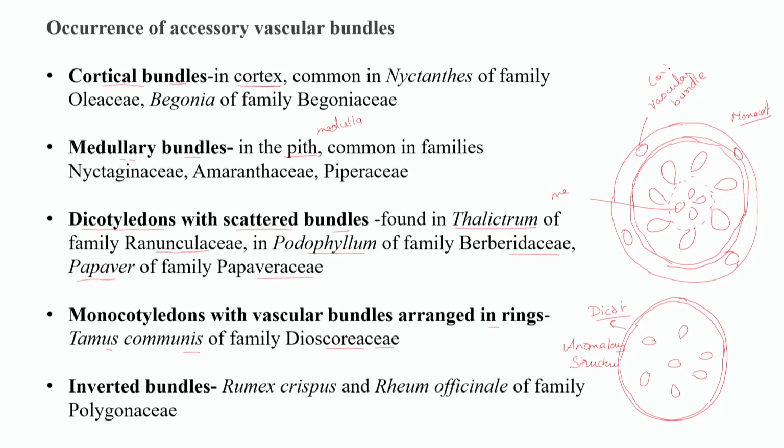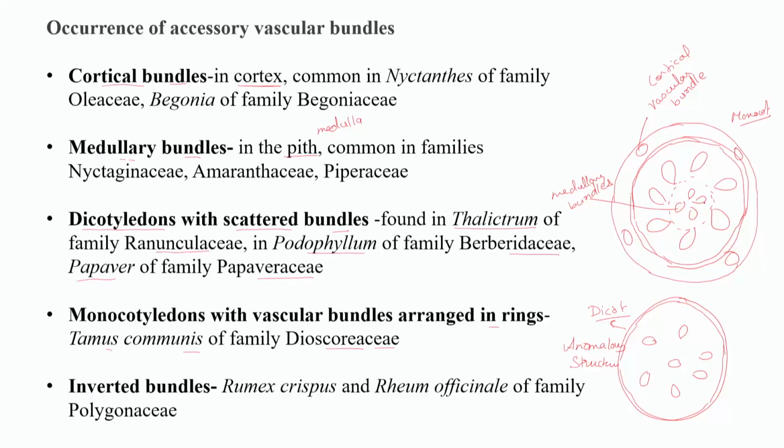This is the cortical bundles and this is the medullary bundles. There are many plants in which a lot of medullary bundles have been reported. In those, normal vascular bundles might also be there, responsible for the normal secondary growth and other processes, but along with that they also have extra bundles.